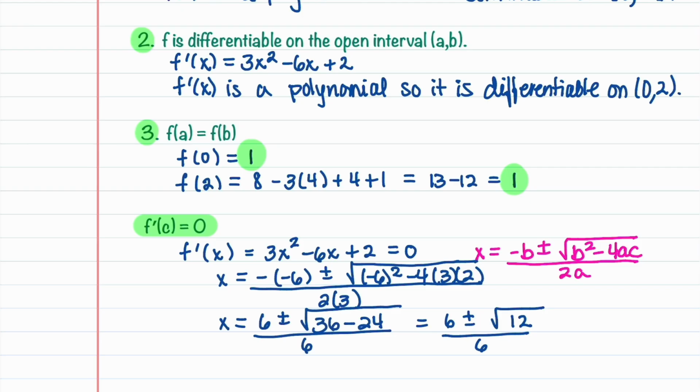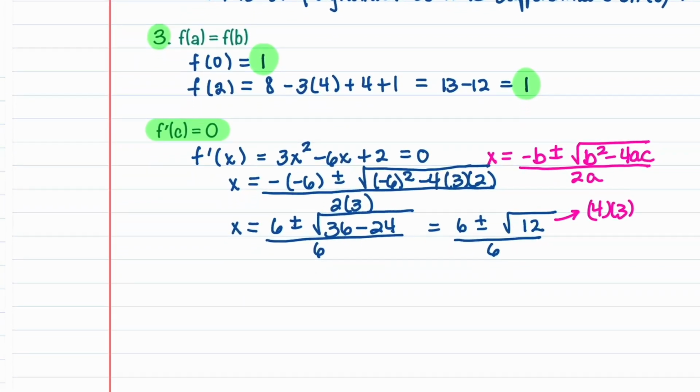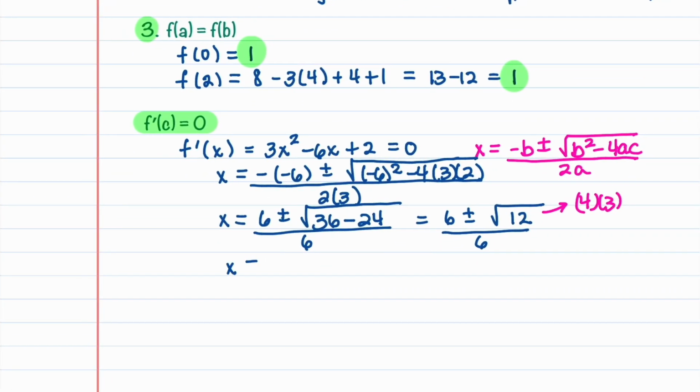When we take the square root of 12, that's just the square root of 4 times 3. So we can pull out the 4 as a 2. And we get x is equal to 6 plus or minus 2 square root of 3 all divided by 6. So this is 1 plus or minus root 3 divided by 3.